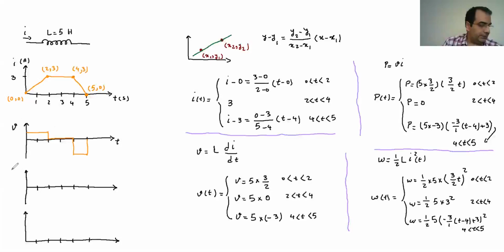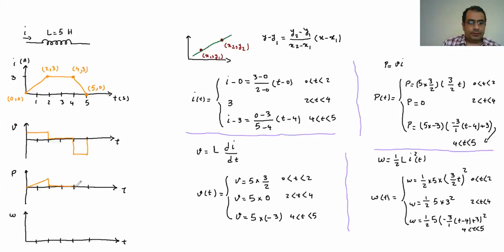And the next one that we have is going to be the P, and the next one is going to be the energy. That's going to be T and T. Then again, if you go ahead and draw these sets of equations, you will see that your energy is increasing right here. And then by the time it gets to the constant current, there's no power.